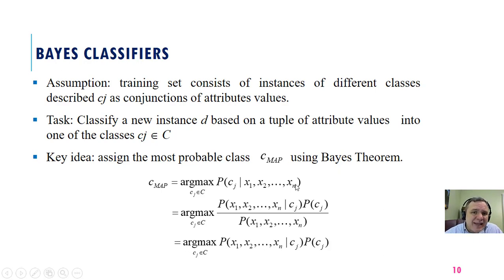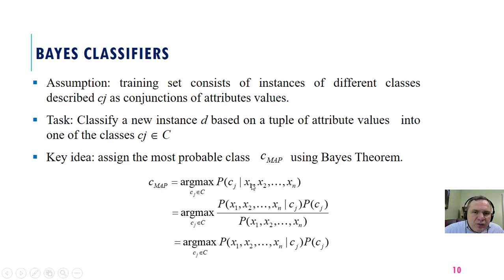having the exact same combination is really hard to observe, because the bigger the number of features, the bigger the combinatorics of these features, and it would be hard for us to have enough data where we can see this exact same combination CJ with values x1, x2 up to xn.